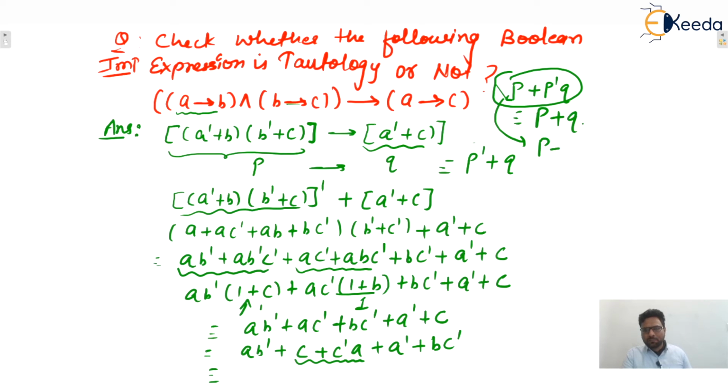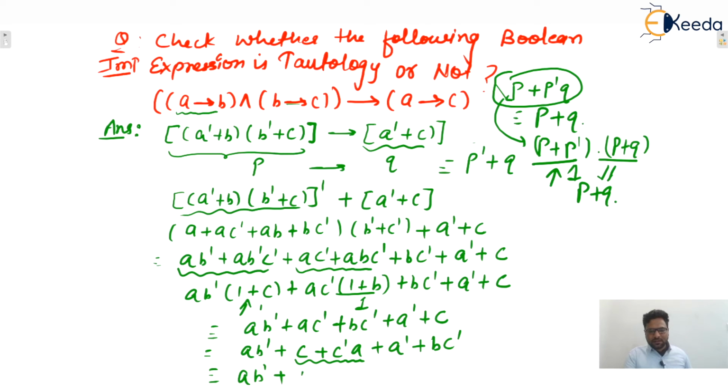So it becomes P plus P dash, dot, P plus Q. So this becomes 1 and this comes out to be P plus Q. Similarly, this one is C plus C dash A, so this becomes C plus A, and this one is A dash plus BC dash.